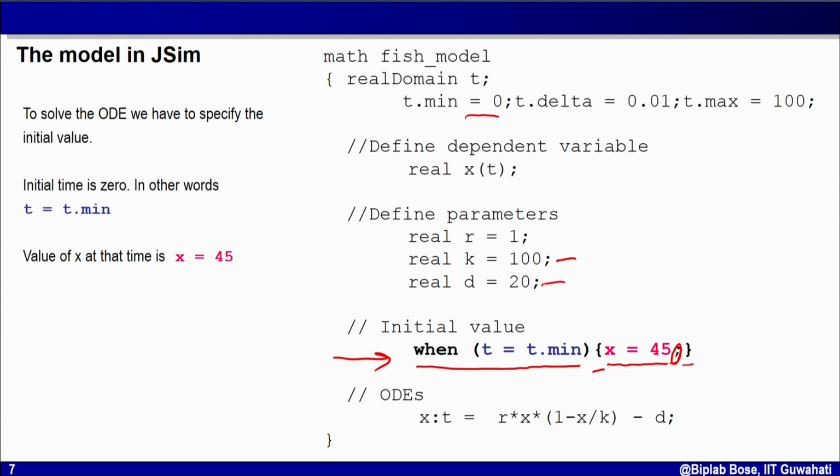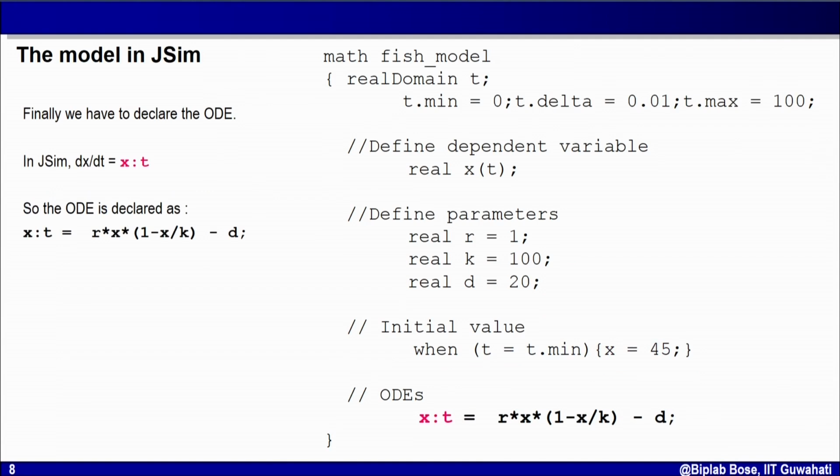Don't miss these semicolons. So you have to define the initial value using this format. When t equal to t min, curly bracket start, x, that is the dependent variable, is equal to some value, semicolon, close the curly bracket. The rest, what is left with us, is to define the ODE.